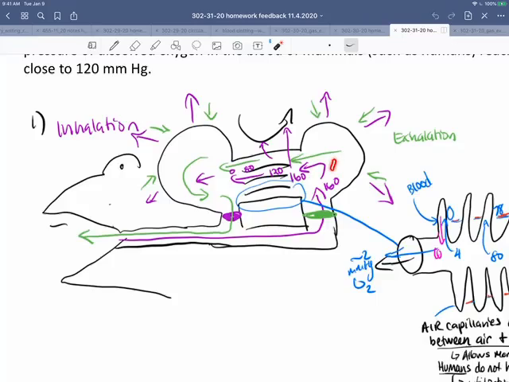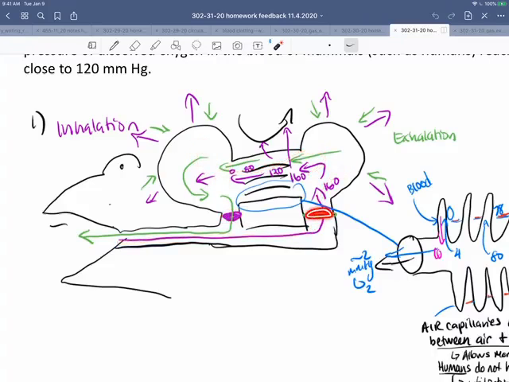So during inhalation, you have air moving through the parabronchi. The air is coming in at about 160, and so the air entering the parabronchi, the gas exchange region here, is at about 160. During exhalation, all of the air sacs compress, and during inhalation, this valve was closed, therefore the only path for air was like so.